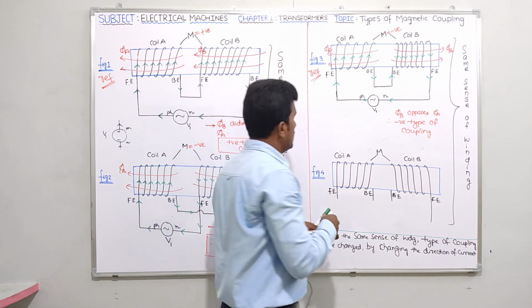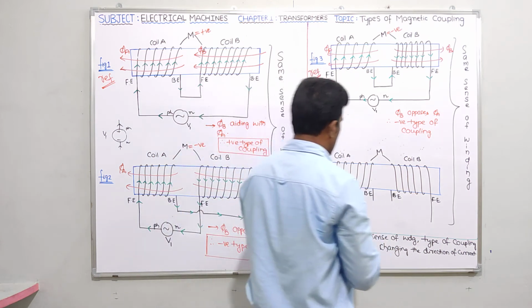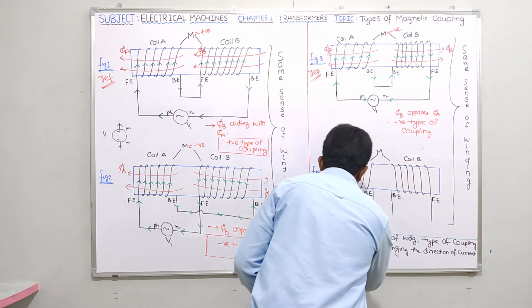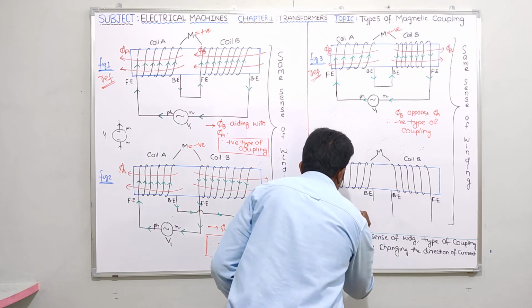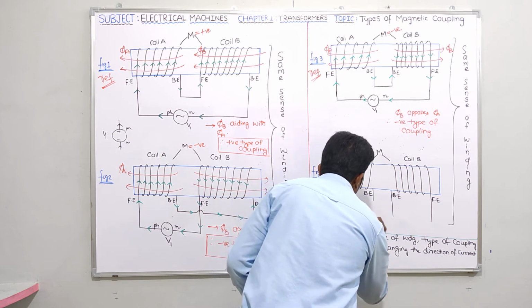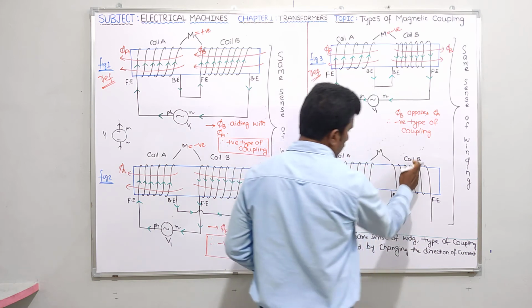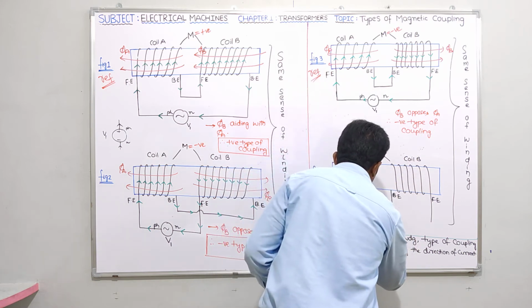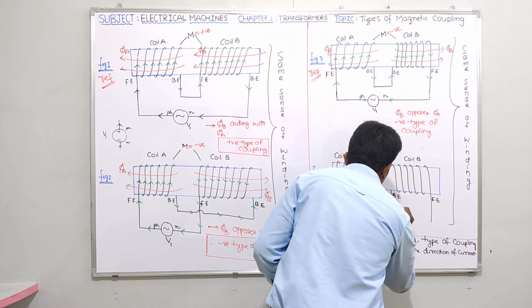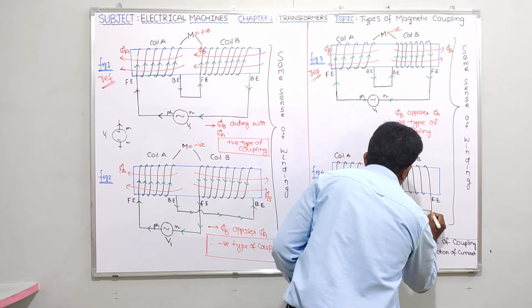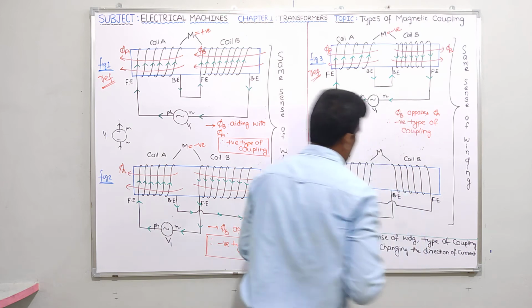So let me discuss figure number 4. Here, the source is connected from front end of coil A, between front end of coil A and back end of coil B like this. Similarly, back end of coil A and front end of coil B should be connected like this.